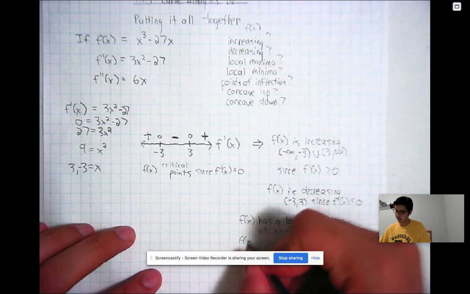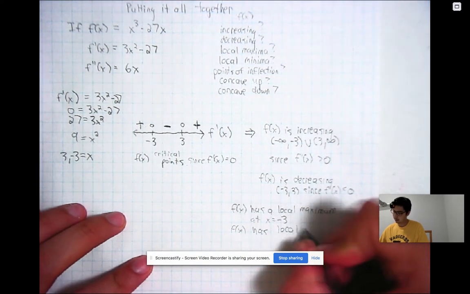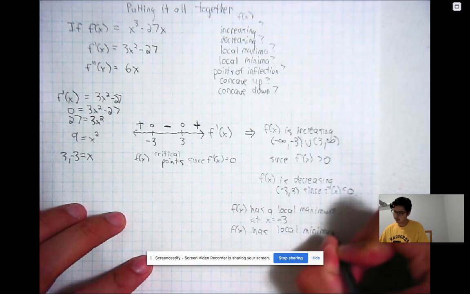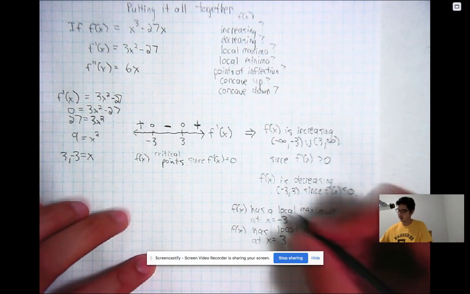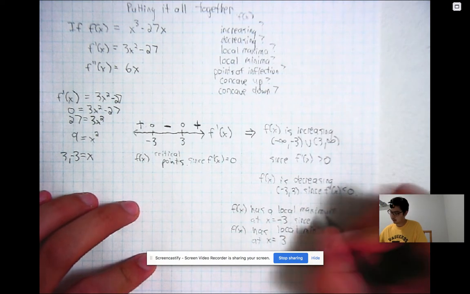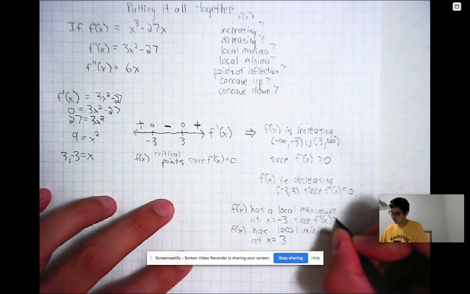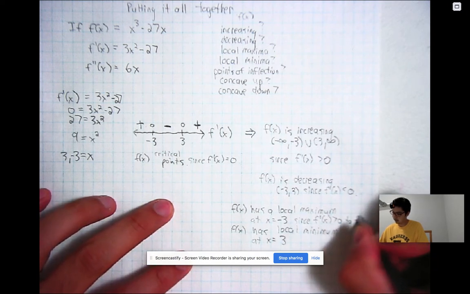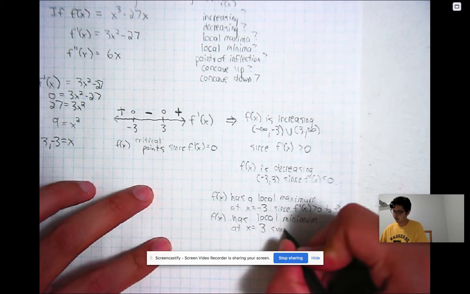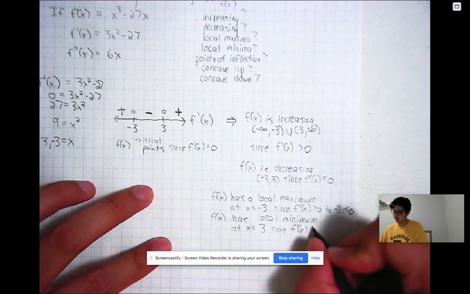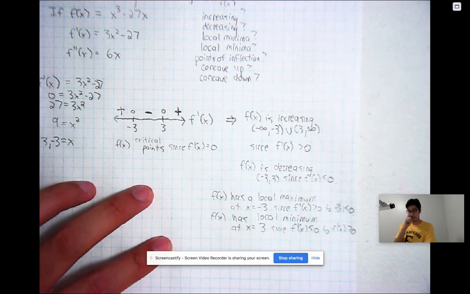And f of x has a local minimum at x = 3. What's my reasoning? Since f prime of x goes from positive to negative at negative 3, it's a maximum, and since the derivative goes from negative to positive at 3, f has a minimum.